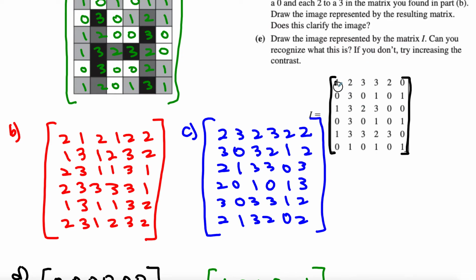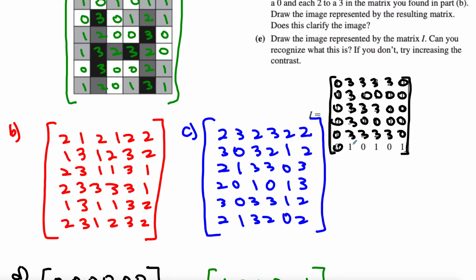Same deal. So 0, 3, 3, 3, 3, 0. And then 0, 3, 0, 0, 0, 0, 0, 3, 3, 3, 0, 0, 0, 3, 0, 0, 0, 0, 0, 3, 3, 3, 3, 0. The last one is all 0.